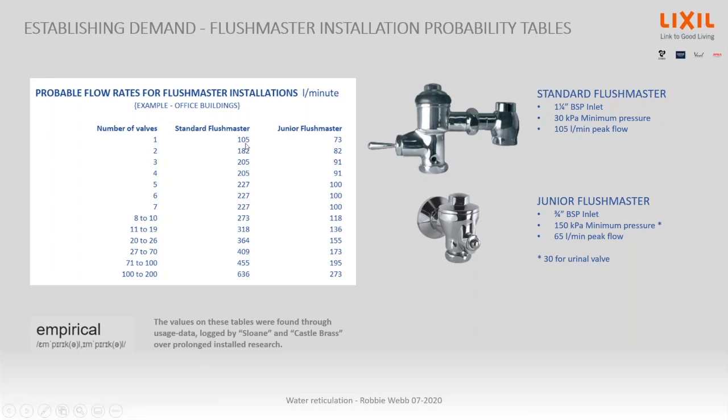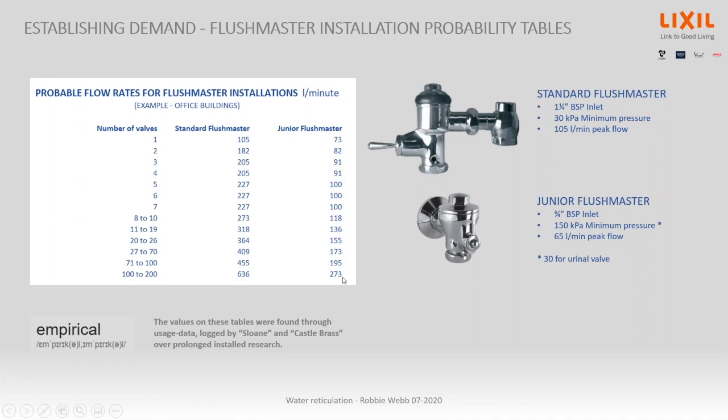And built into that rate of flow, it's also saying, well, if there's one toilet, there's also going to be a basin, there's probably also a kitchen mixer and whatever else might be in the house. And on a junior FLUSHMASTER, it would be that 73 liters a minute. And you can see as the number of valves increases, it doesn't go 73 times 2. It goes up by a little bit, and a little bit, and a little bit.